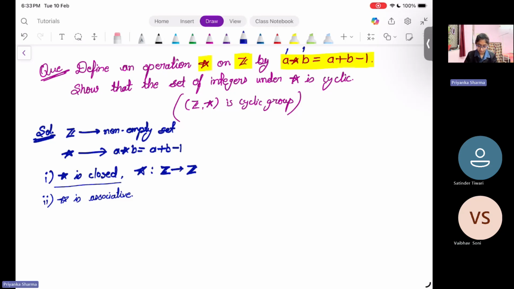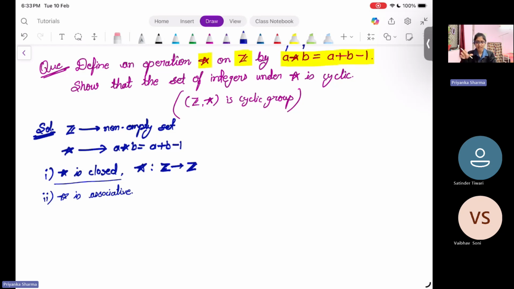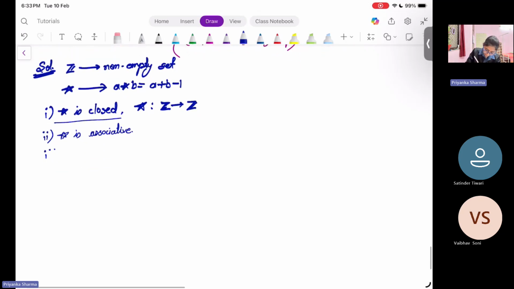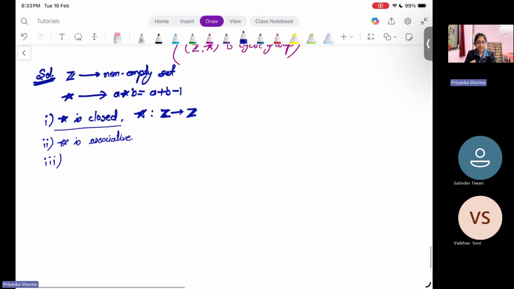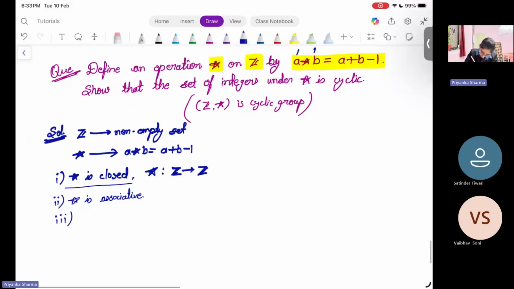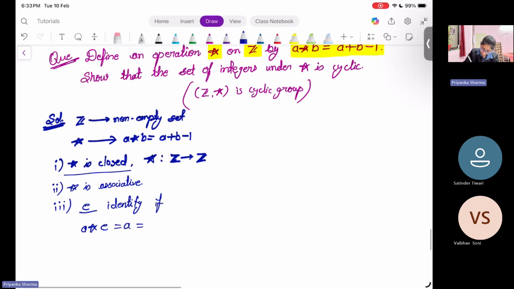It is associative. Okay, you can take any three elements, say A, B, and C, and you can check A star B, and then star C is the same as A star (B star C). Third, whether there exists an identity element. So we need to find some identity element E such that A star E is A and the same as E star A.